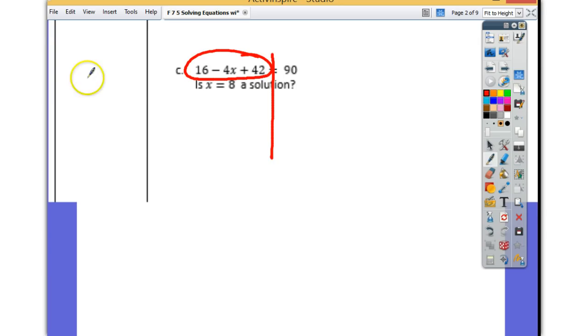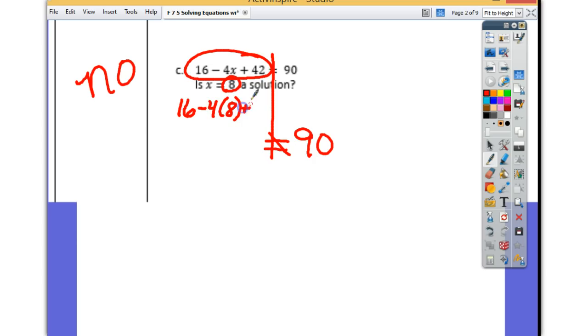All right, the answer should be no. And let's see, what does not equal 90? What did we end up getting over here? Well, we take 16 minus 4 times the 8, plus 42. Order of operations, you have to do the multiplying and the dividing first. You can't add and subtract till the end. So 16 minus, what's 8 times 4, Alex? 32.